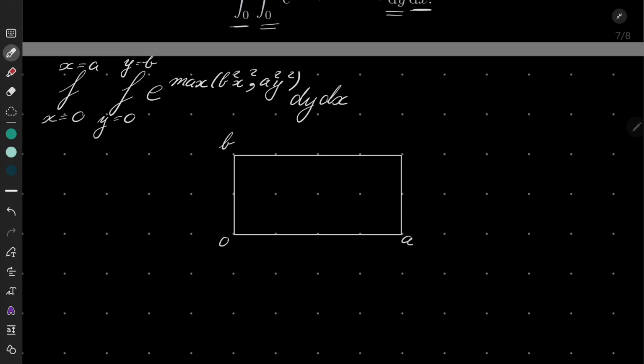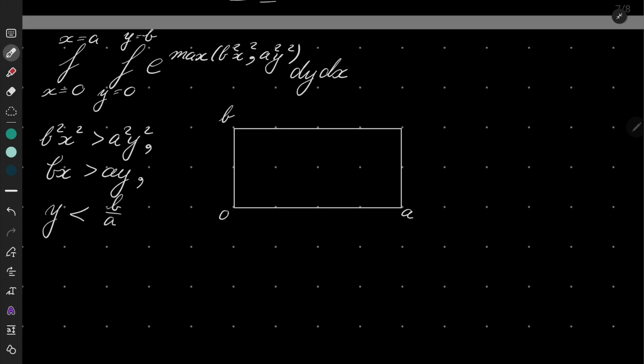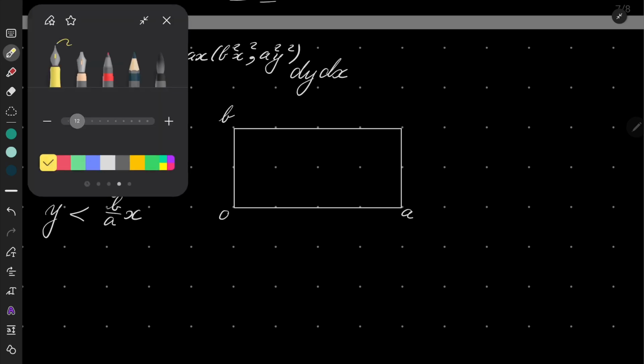Now, let's check when b squared x squared is greater than a squared y squared. We can safely take the square root on both sides because we are dealing with positive numbers. And we see that it is equivalent to saying that y is less than b over a times x. What is this line?